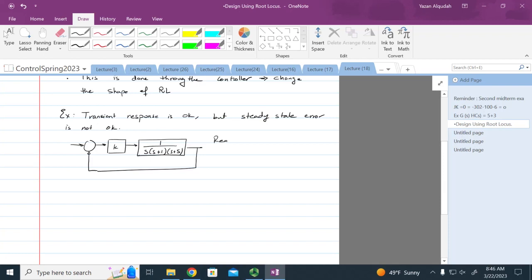We want an overshoot that is less than 25%, and we want a small steady state error due to a ramp. And we want that error to be less than 1.